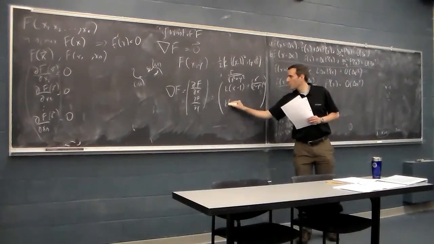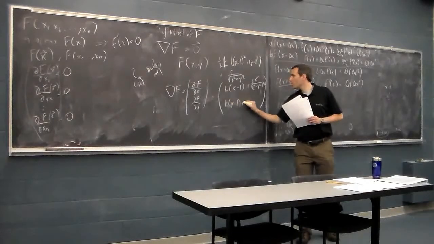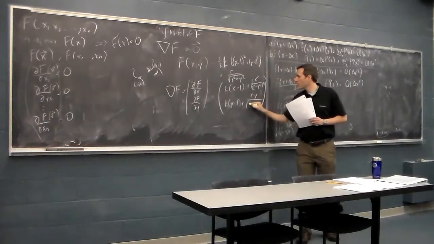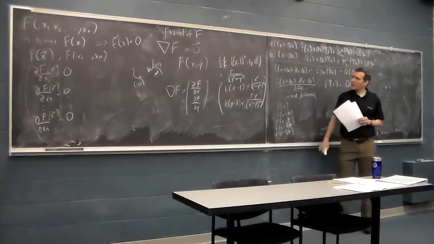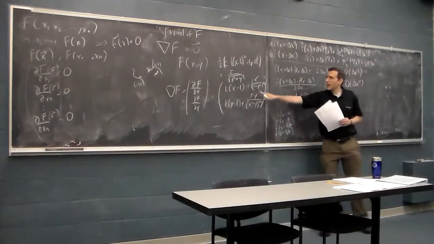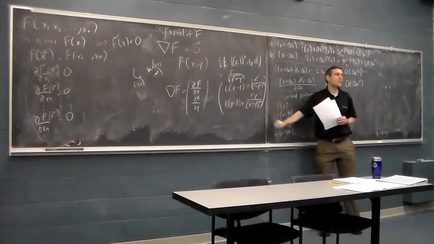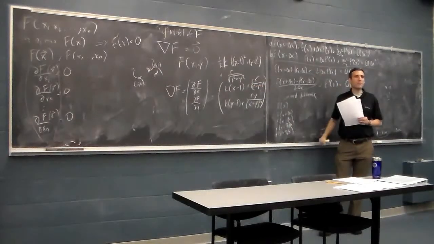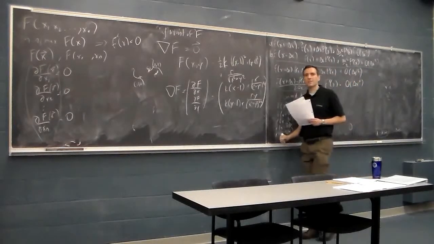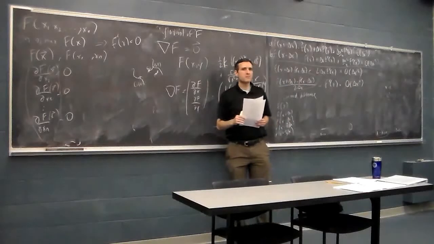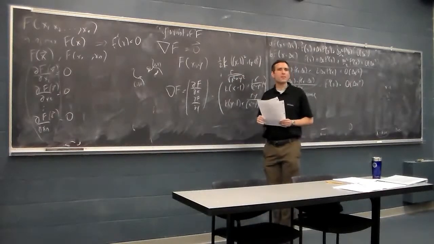And then the y term will be symmetric: k times y minus 1 plus ry over x squared plus y squared to the 3 halves. Then the assertion of this theorem is that we have to find x and y that make both of these things 0, and that will be a possible maximum or minimum of this function. So is that clear to everyone? Do you have any questions about that?